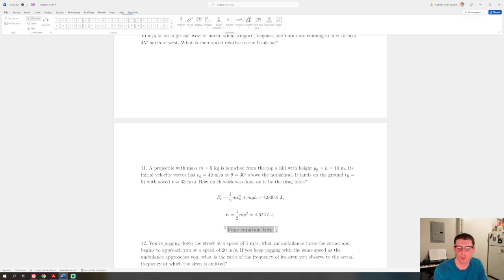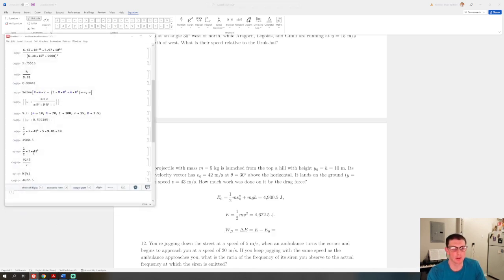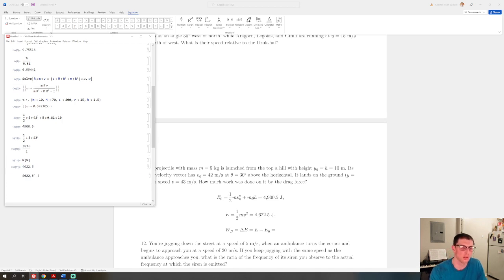So then the work done by the drag force is going to be delta E, right? Which is just E final minus E initial, which should be this minus this. And it's going to work out to be negative. Why is it doing this? What's going on?